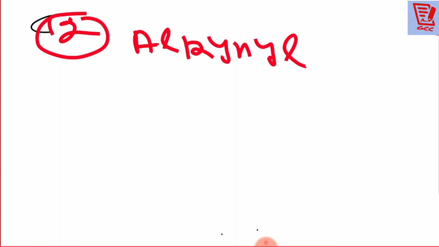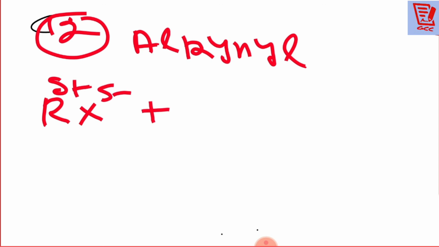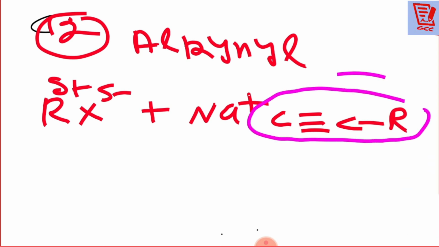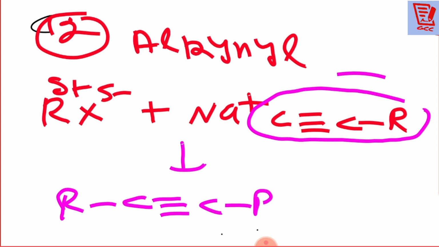In the conversions we will do further there, RX, R positive, X negative, and here I am using Na positive, C triple bond C, here it is R. I think you all understood what I am going to do. See, this whole will have the negative charge. This is now the nucleophile, then it will become RC triple bond CR plus NaX.